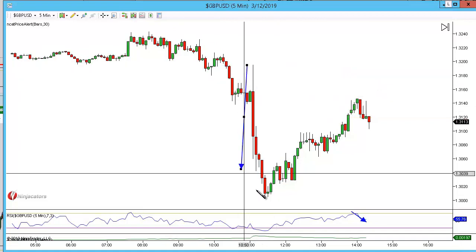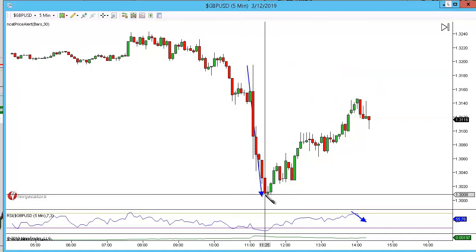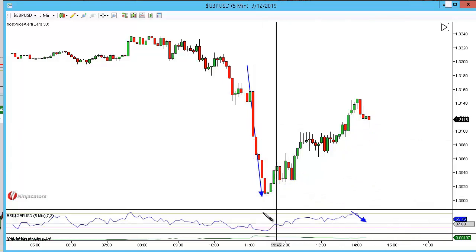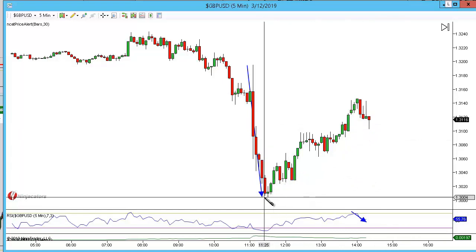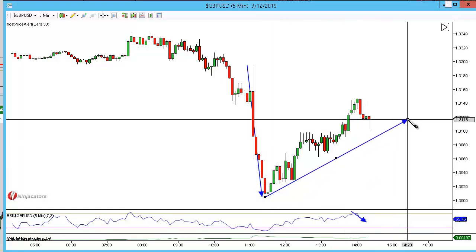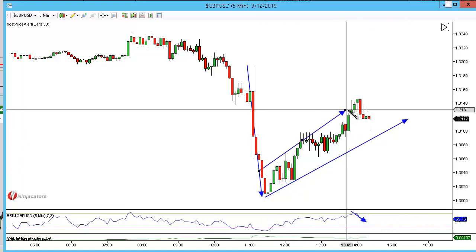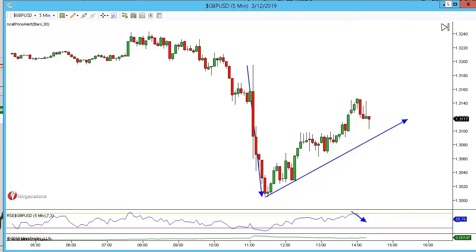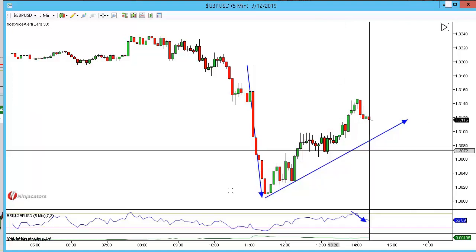We have our directional pole. If we draw it from the closes of the candles, okay, on the closes of the candles.